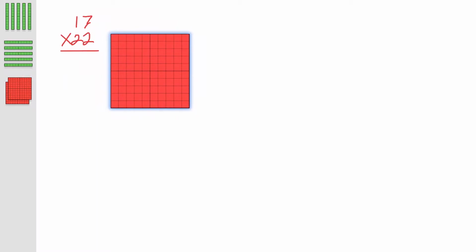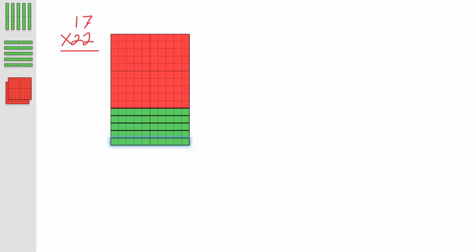17 times 22. So there I've got 10 by 10. I'm going to make it 11 by 10, 12, 13, 14, 15, 16, 17. So now I've got 17 by 10. I need to make it 17 by 22.